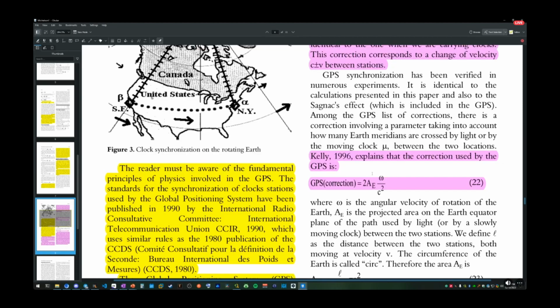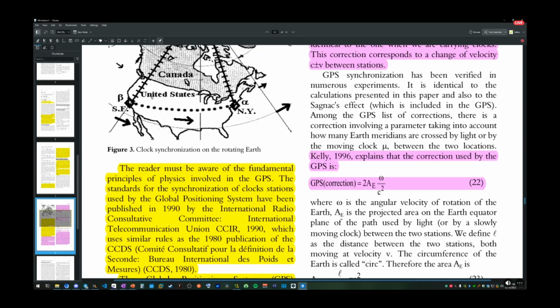In particular, a returning clock, at the same moment that it returns to the stationary clock, would be both older and younger than the other, respectively, which is obviously ridiculous, makes no sense, and has never been physically manifested.